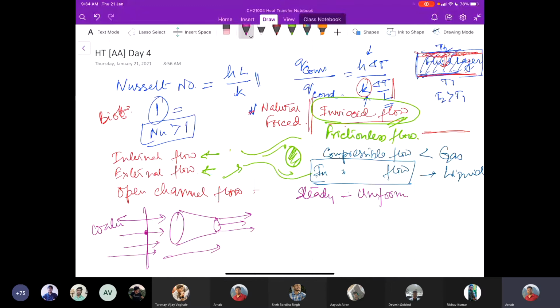Okay. So this concept now will be useful in deriving a couple of equations. Before that, let me introduce another non-dimensional term, the Prandtl number.